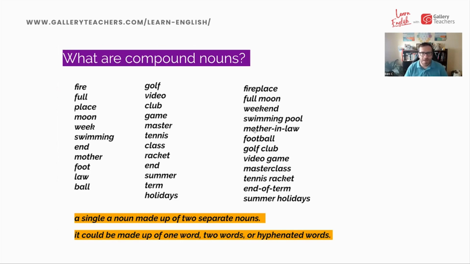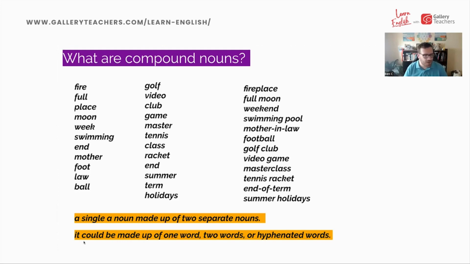If you don't know what that is, mother-in-law is your partner's mother. So when you're married, it's your married partner's mother. Football, golf club, video game, masterclass, tennis racket, end of term, and summer holidays. So these are all examples of compound nouns.